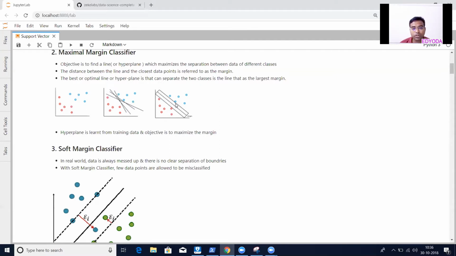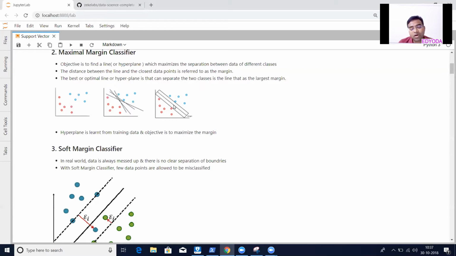It is an optimization problem where you're trying to maximize the margin. Margin is the distance between the predicted line and the nearest point. As you can see, this line and this point, this line and this point. In case of two-dimensional data, it will be a line. As the dimension increases, it will be a hyperplane. So this is the concept of the maximal margin classifier.